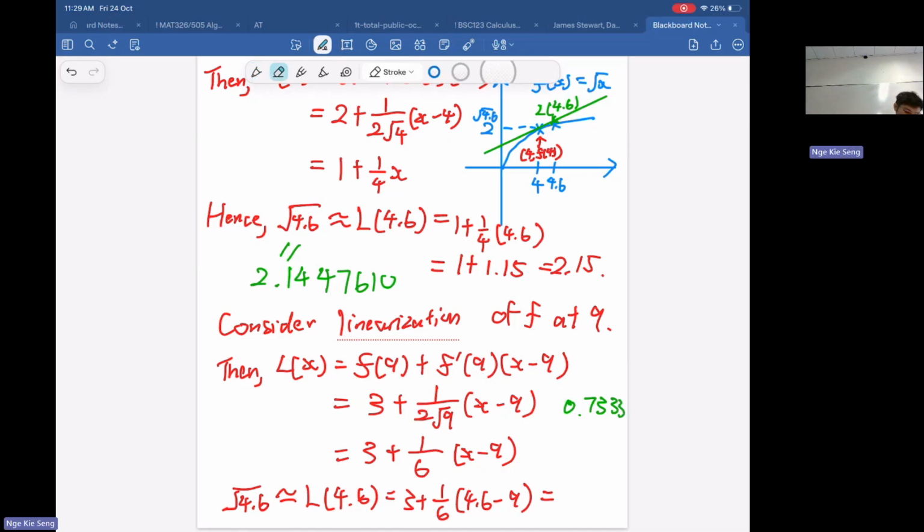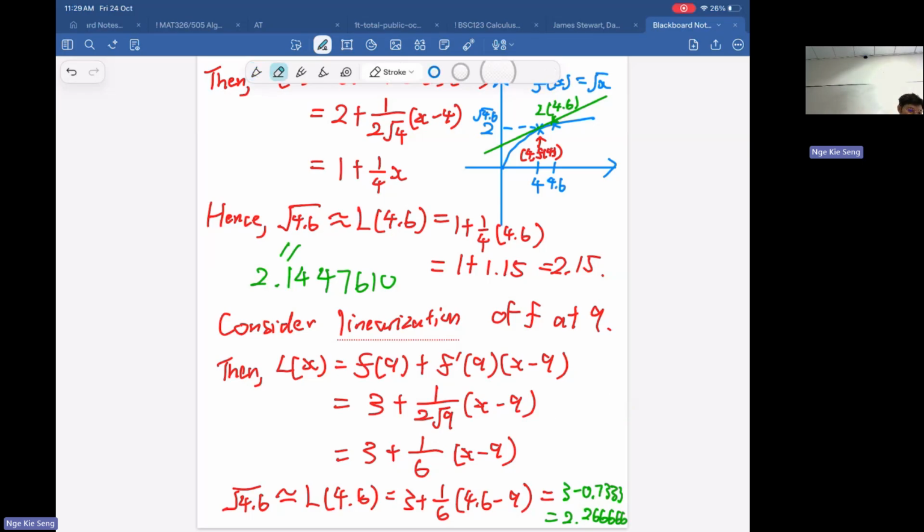Okay, so 3 minus 0.733333, what do you get? 2 point what? Jingjie, what do you say? 2.26666666. Okay, you can see that.